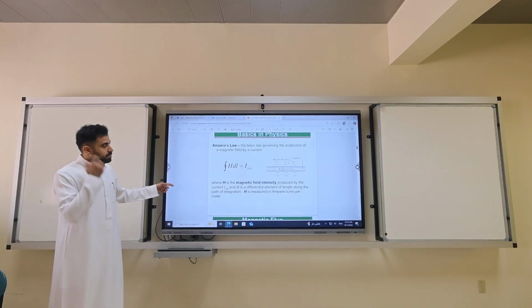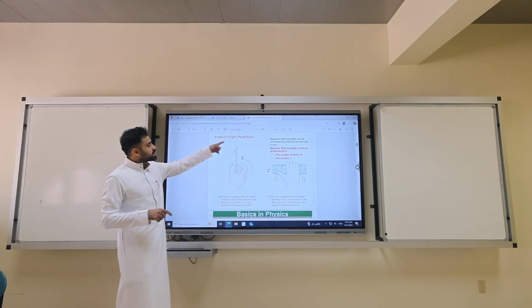Not only that, there is another law. So this is Ampere's right-hand rule.